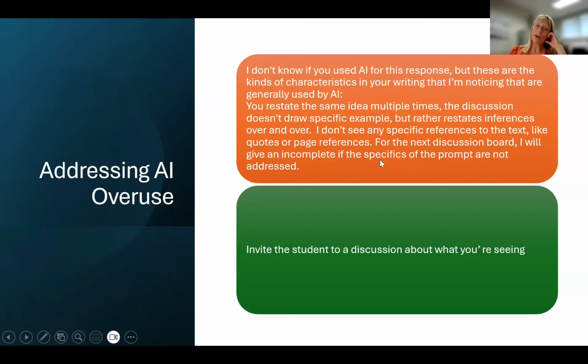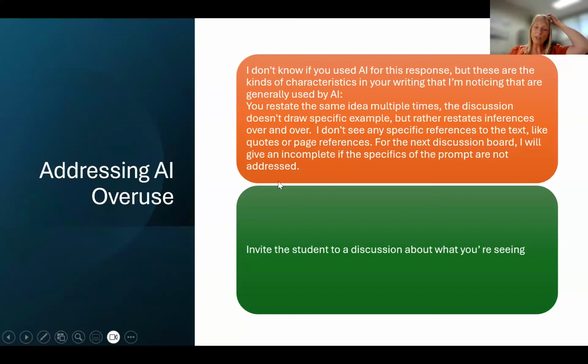And it's important in our own prompts to make sure that we're assigning students things that are meaningful. If it's easy for students to just enter it into a generator and produce the assignment, then why are we assigning it? It needs to take a lot more effort on our part as we write assignments, in order to reduce the availability and the ease of using AI to just have it do the work for them.